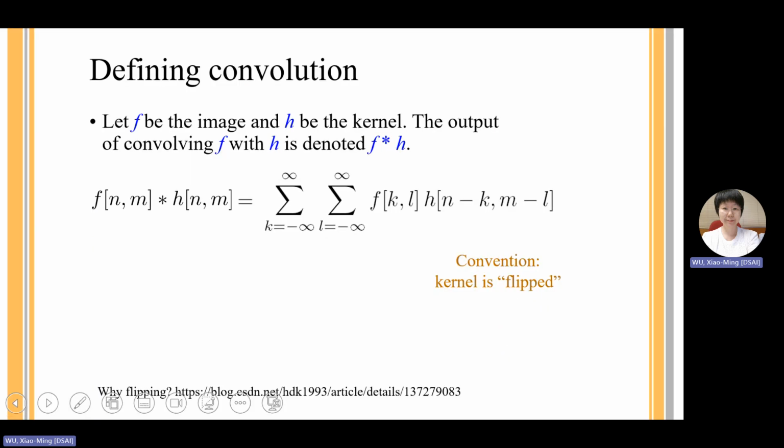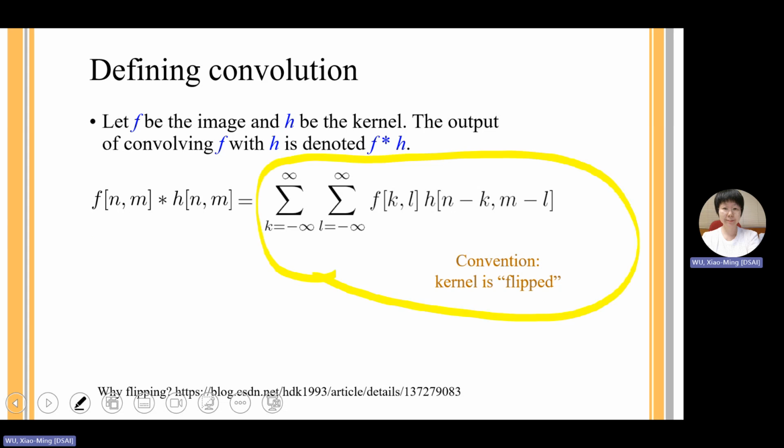It's because convolution is defined in this way, and if you want to understand why convolution is defined as a flipping, that you should flip the filter first and then do convolution, you could go to this block.